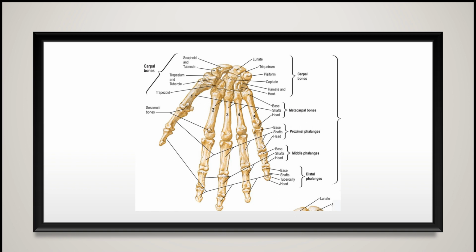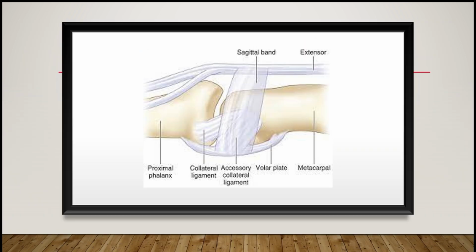The volar plates, another thing we want to talk about, are present at the metacarpophalangeal joint and the interphalangeal joints. In the metacarpophalangeal joint, there is a connection between the flexor part and the extensor part. This is the volar plate, and this is the extensor connected with the sagittal band.